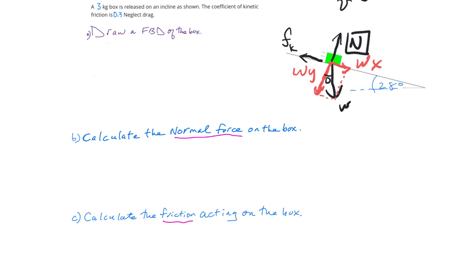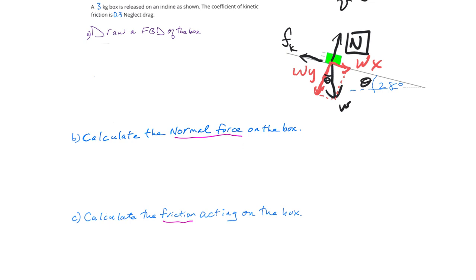So the ramp angle is 28 degrees, and the inside angle between W and WY is 28 degrees. So there's my FBD. Now just the black arrows would be a good FBD. You don't have to include red components, but when you solve a problem, you sure do.